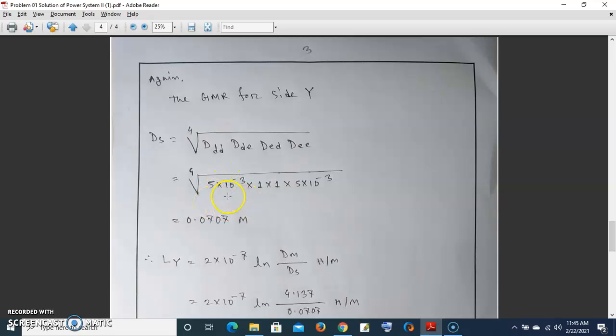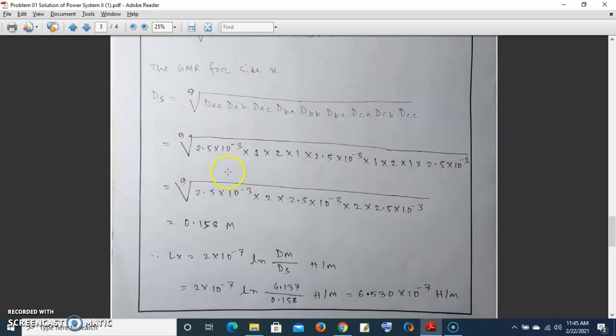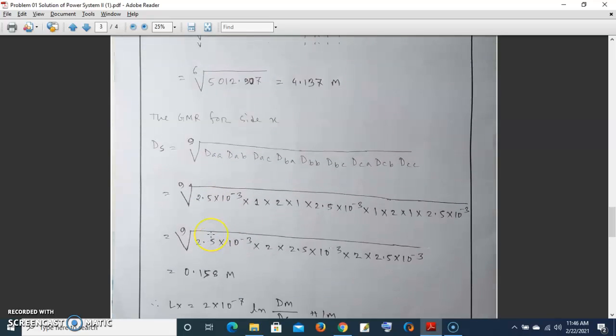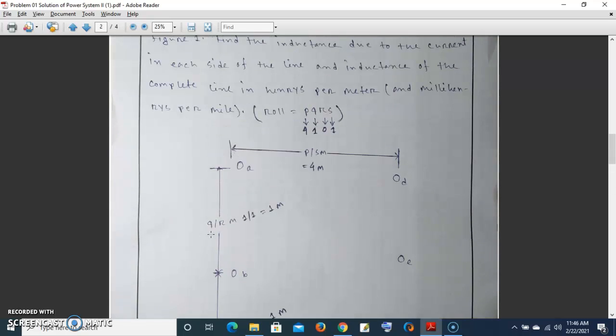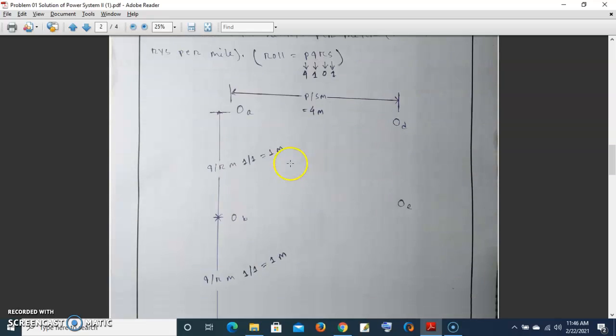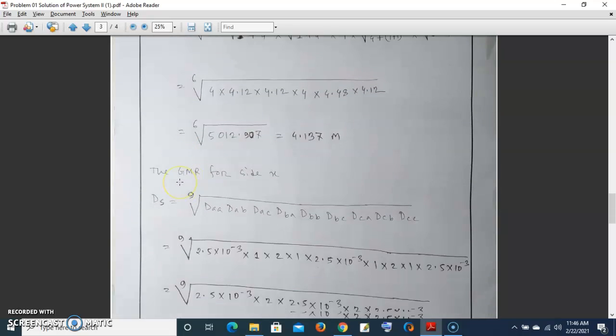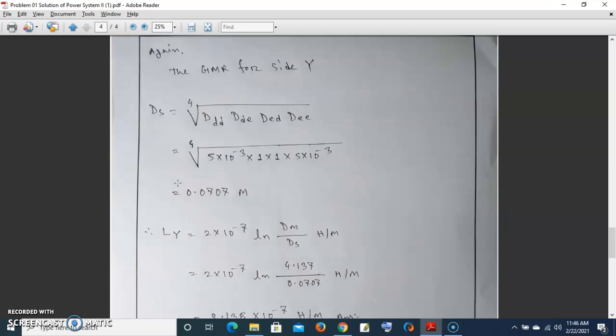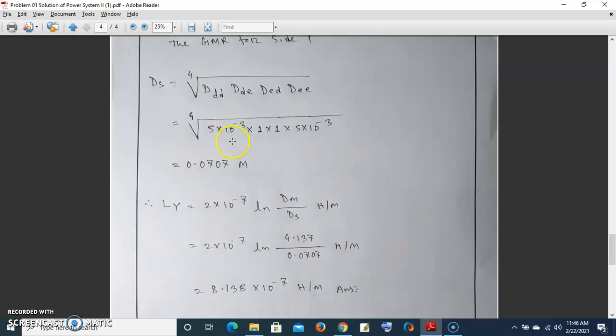The radius of point D is 0.5 centimeter, so we convert it to meter, 5 times 10 to the minus 3.